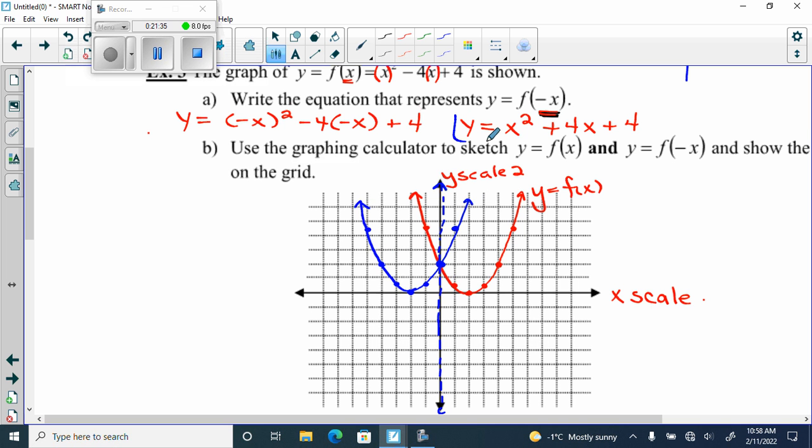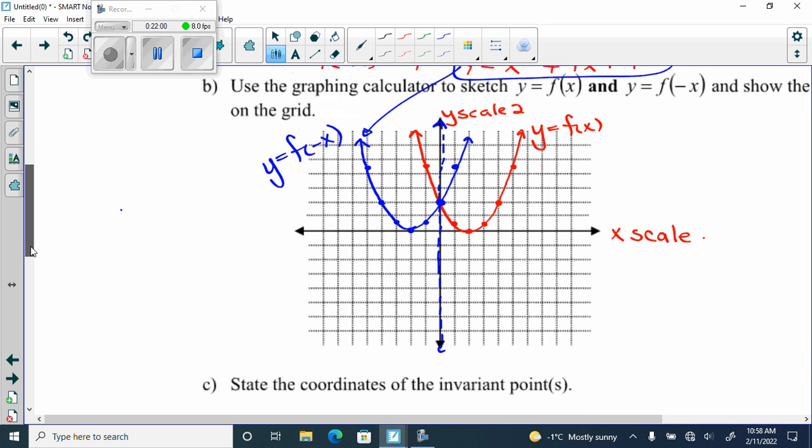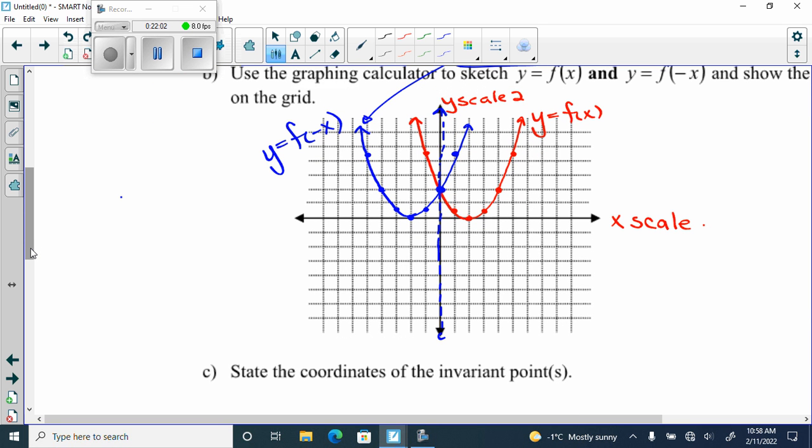And if you type this into your calculator, you get this. So this blue graph is y equals f of negative x. Does it look like it's mirroring on that y-axis? Yes. What's the invariant point on this one?